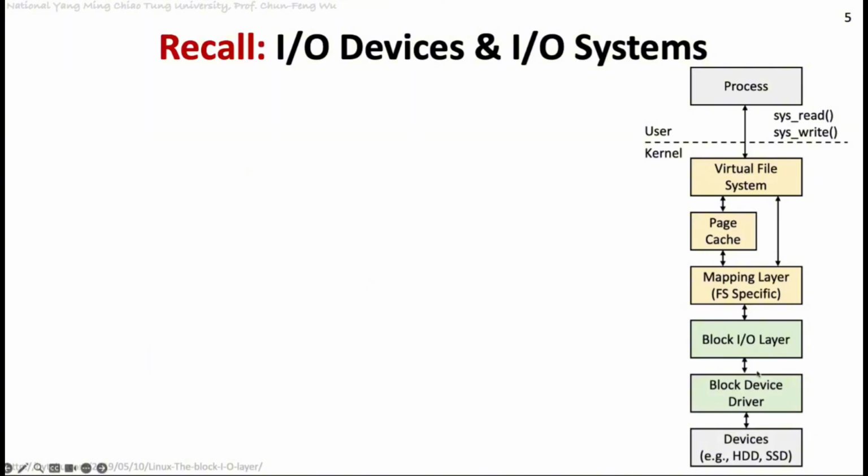The yellow one and green one are all part of the kernel functions. So from the virtual file system to the block device layers, they are all part of the kernel. When it comes to the device, there is firmware inside the device. This is not the kernel. Firmware is the kind of software inside the device.